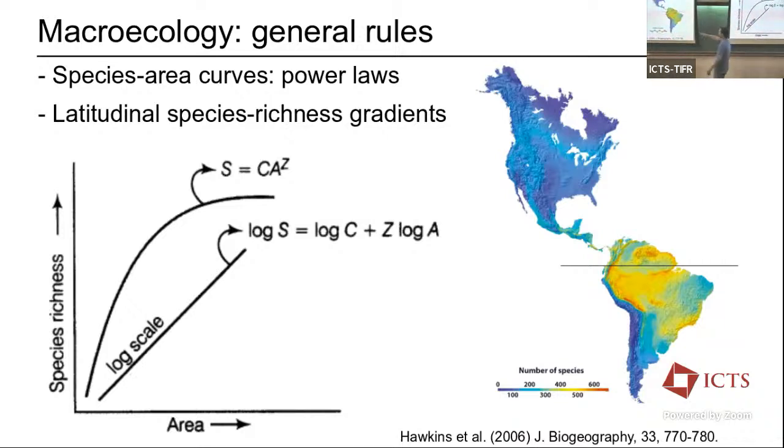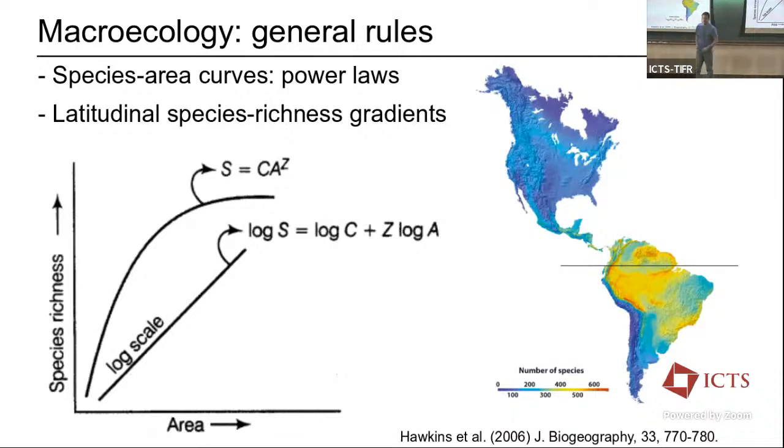So this is a color-coded map of the number of bird species that are found in the Americas, and that's the equator. And it's around the equator that you see a large number of species. As you move away from the equator, the number of species reduces. So there are broad general laws in community ecology, like the latitudinal species richness gradient. As in low latitudes, high number of species, high latitudes, low number of species.